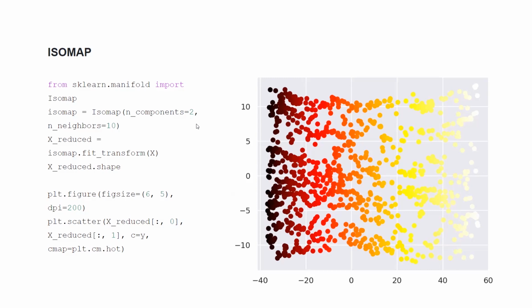That means we reduce the data into 2 dimensions, with n_neighbors set to 10. Then we reduce the data and plot it in 2 dimensions, and we got this result. From the result, we can see that Isomap is able to reduce high dimensional nonlinear data clearly.